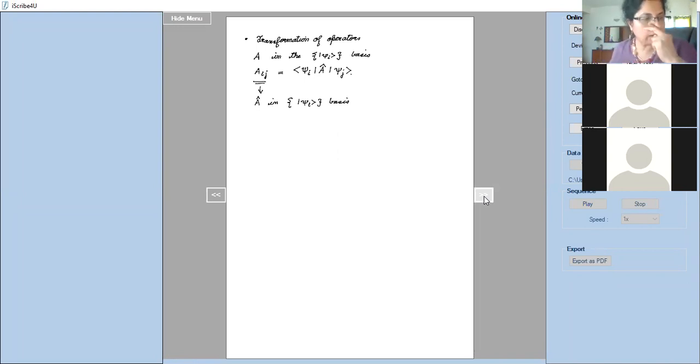So now similarly, if you want to represent your A prime ij, what is this? This is nothing but A in the phi I basis. So what will this be? This will be nothing but phi I, operator A, phi j. So it is the same operator. Remember, it is the same operator. You are representing it once like this and in the phi i's like this. I hope this is clear.